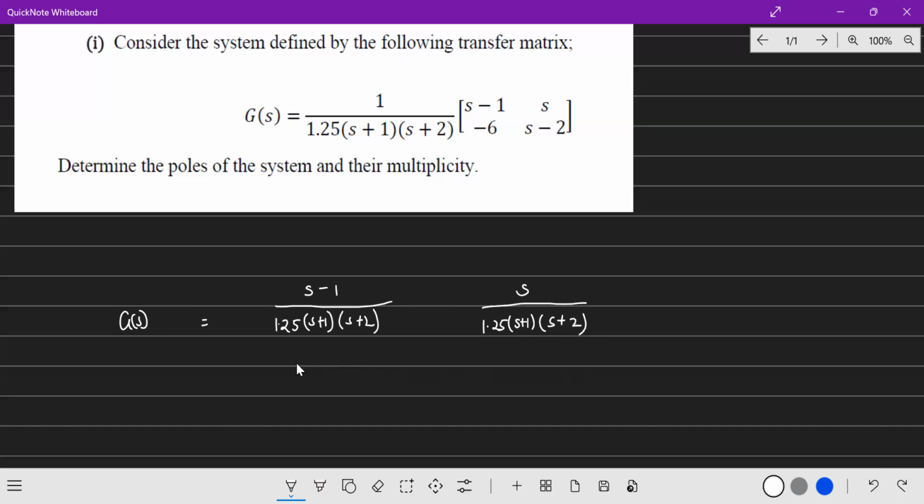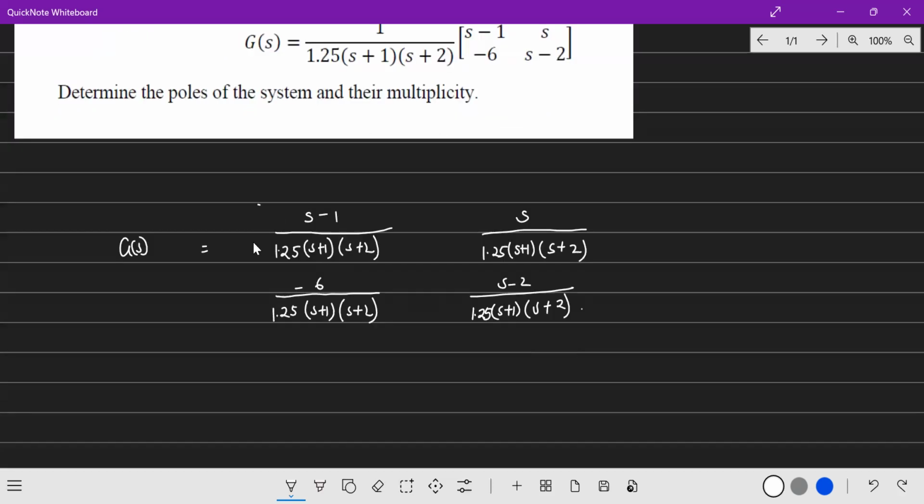And then here you have negative 6 divided by 1.25, S plus 1, S plus 2. And then you also have S minus 2 divided by 1.25, S plus 1, S plus 2.